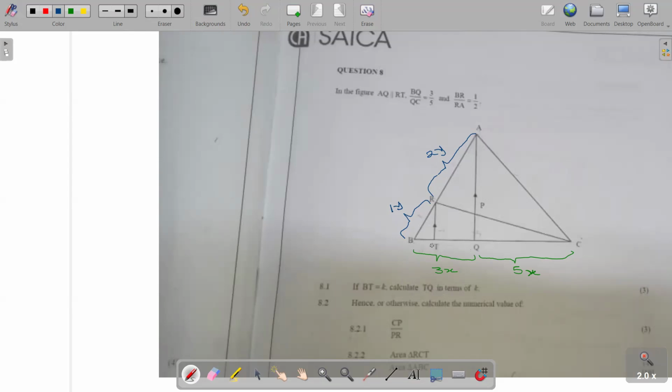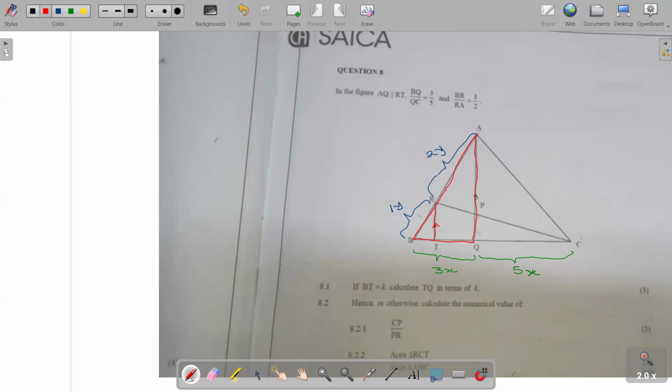So here, BT is here, TQ is here. So we are going to concentrate on this triangle. But if we check in that particular triangle, we have a line which is parallel to the third side, this one.